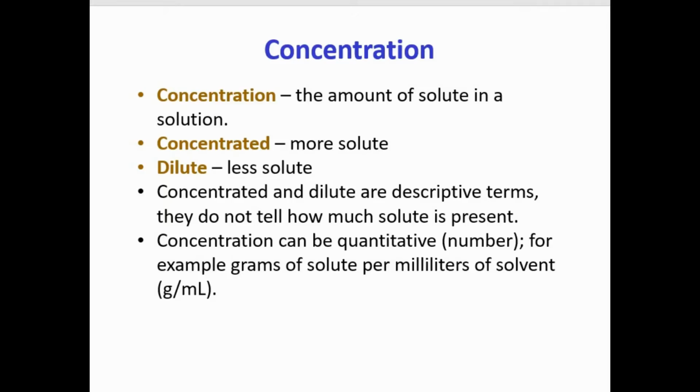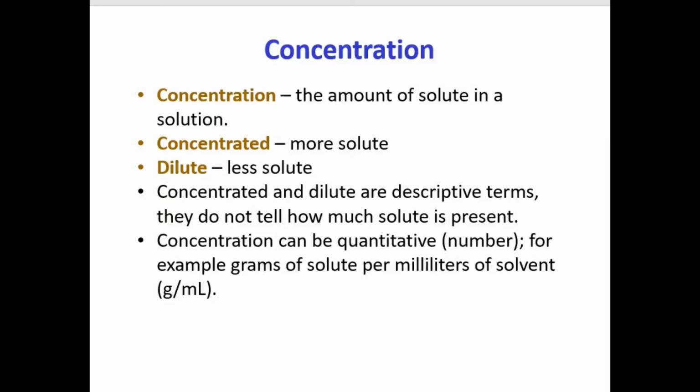Oftentimes when we have a solution, we want to know how much solute has been dissolved into the solvent. And we do that by telling the concentration. We can have salt water that has only a little bit of salt dissolved in it, or we can have salt water that has a lot of salt dissolved into it. And we need to somehow express how much salt there is.